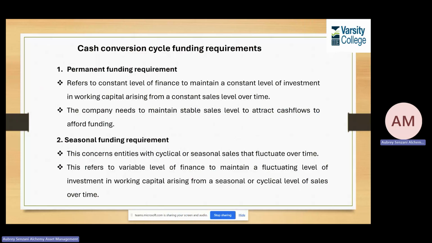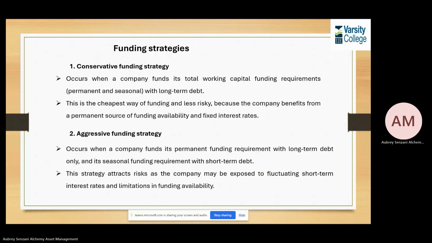Then we have seasonal, right? This is us borrowing depending on our financial needs. So it's almost like an as and when, okay? So obviously that funding could be more short-term oriented. Now they speak to the funding strategies.